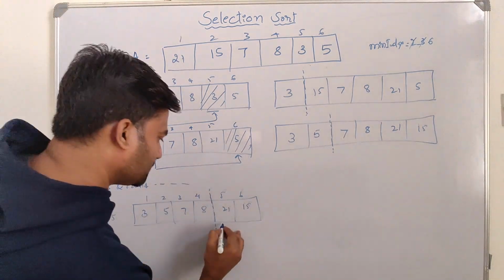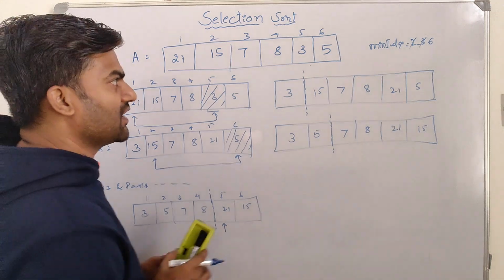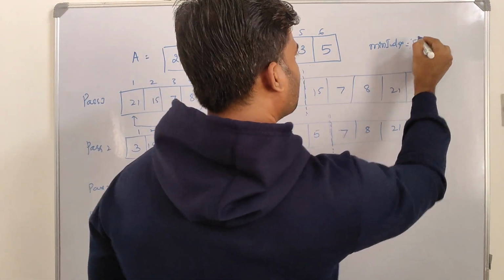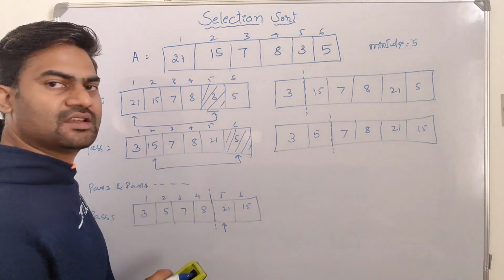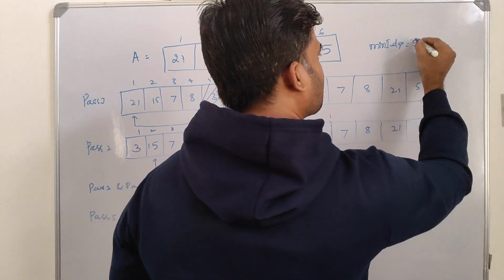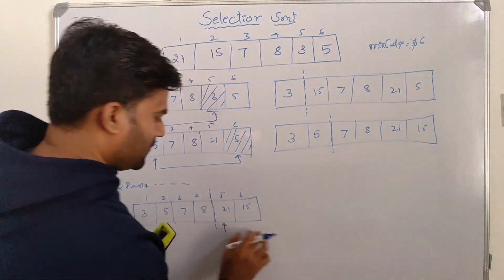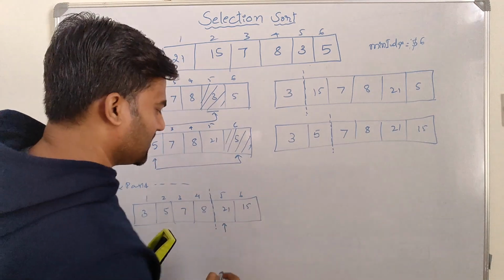Now I'll keep my pointer here and compare with the remaining elements. So now my minimum index is 5. I will check the remaining element, which is 15. It is less than this, so I'll update this. So now at the end of the scan, I got the minimum element, which is at index 6.